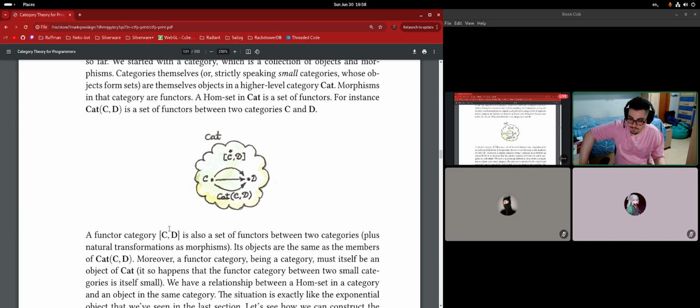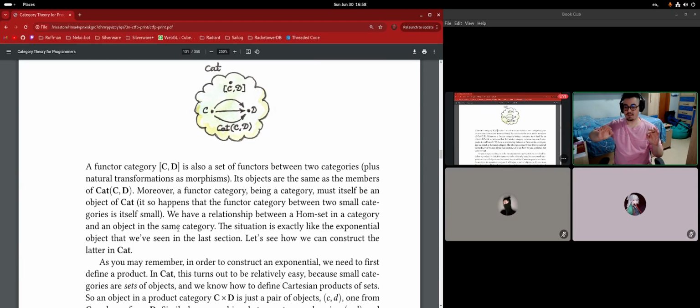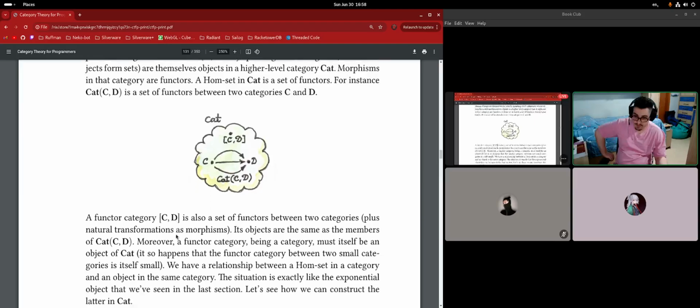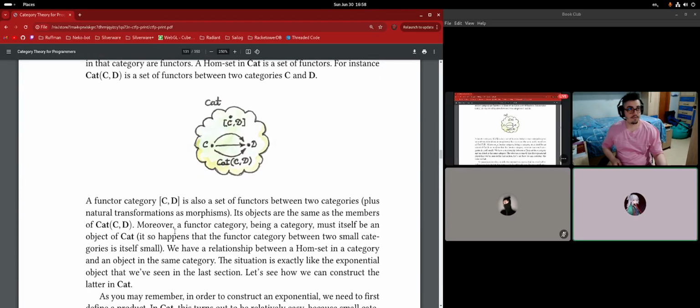Nothing new until now. A functor category D^C is also a set of functors between the two categories. A functor category is the set of functors. Its objects are the same as the members of Cat(C, D). Yes, because it's a functor category, the objects are functors.